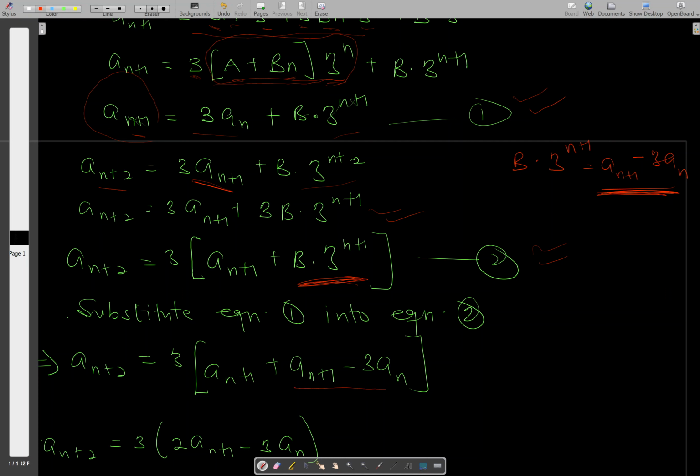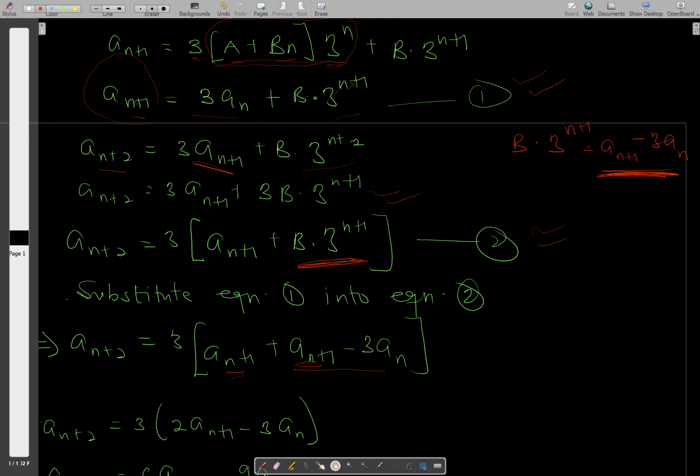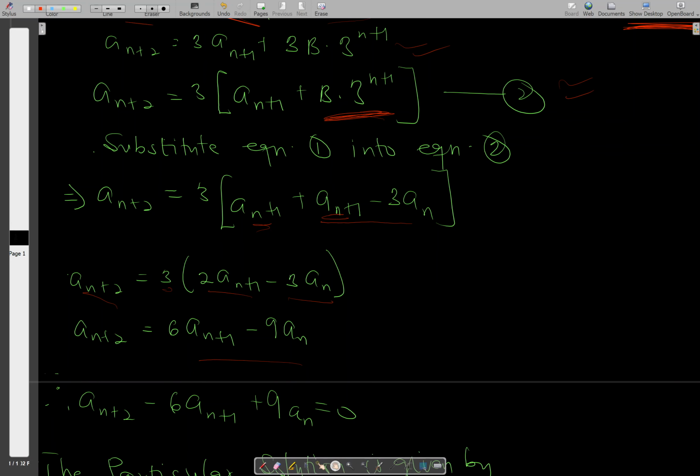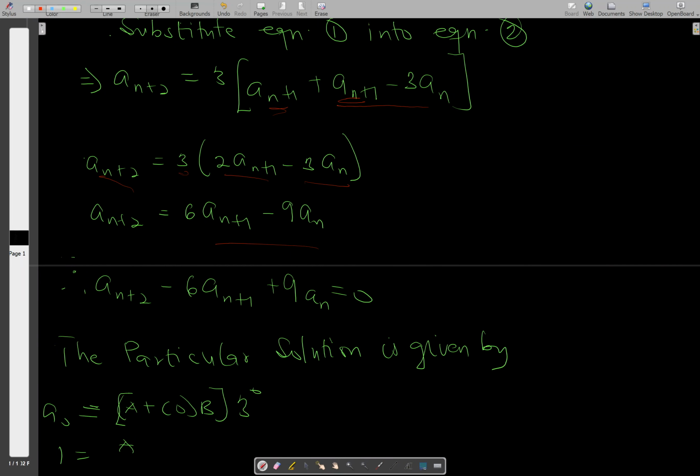When we simplify, realize that these are like terms, so we obtain 2a subscript n+1 minus 3a subscript n, all multiplied by 3, equals the left hand side, and this is given by this. And we can rearrange this equation by this.